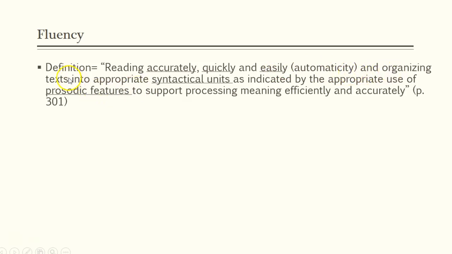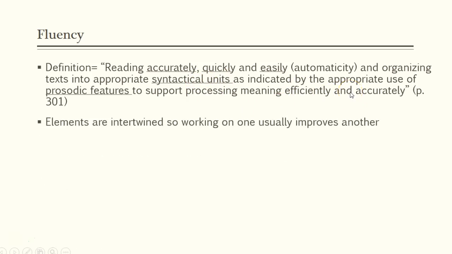They're able to organize text into appropriate syntactical units, so phrasing, as indicated by the appropriate use of prosodic features, so expression, intonation, volume, pitch, stress, etc., and then support processing meaning, so comprehension, efficiently and accurately. They also remind us that all of these elements that are part of fluency are intertwined. So if you are working on accuracy, that's also going to help your rate and your automaticity.